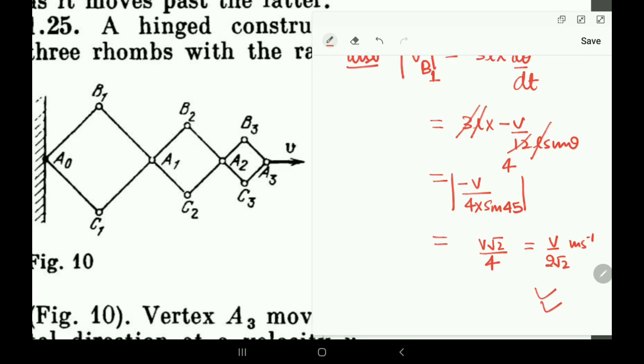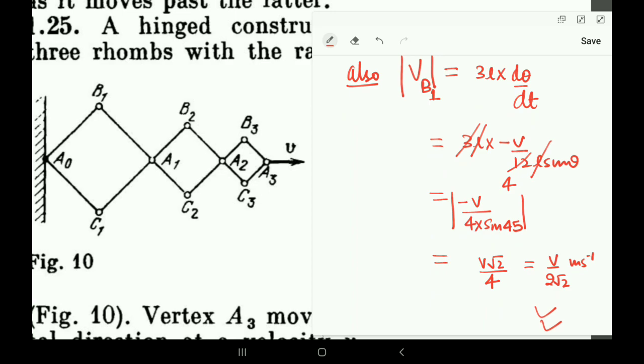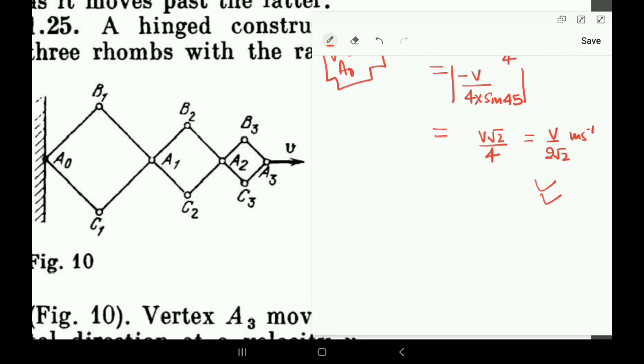So this was an easy case because the A0 joint is at rest. It is not like A1, which was moving. Whatever I am telling you, I am writing in front of you. So I give you a task now. I have calculated the velocity of B2 with respect to ground and the velocity of B1 with respect to ground.